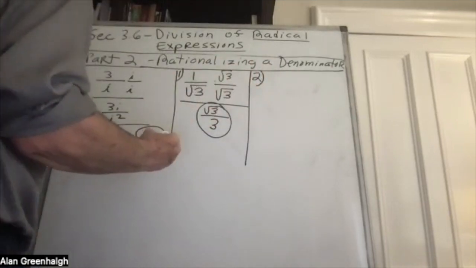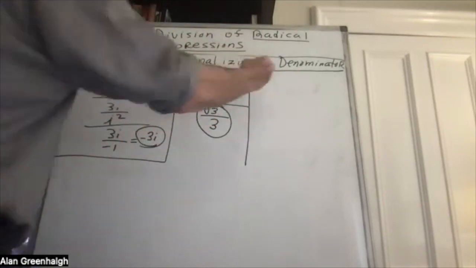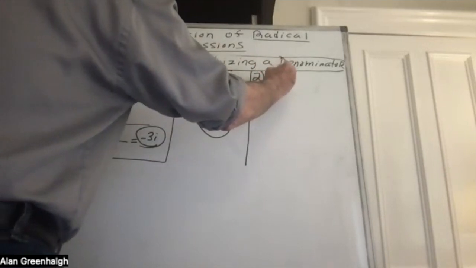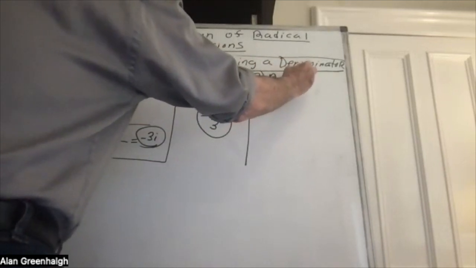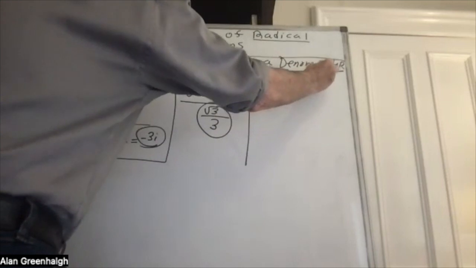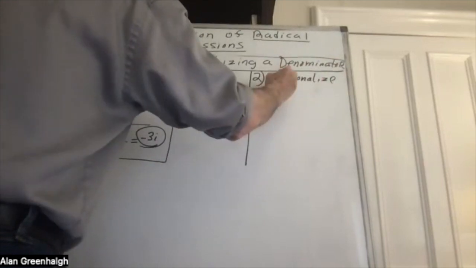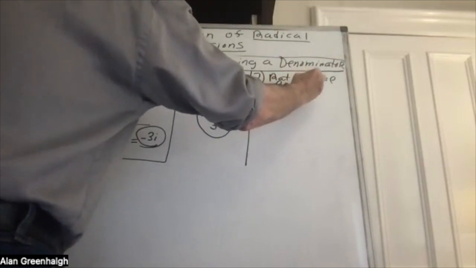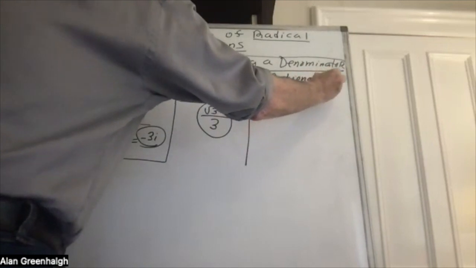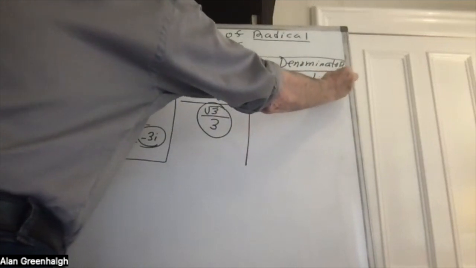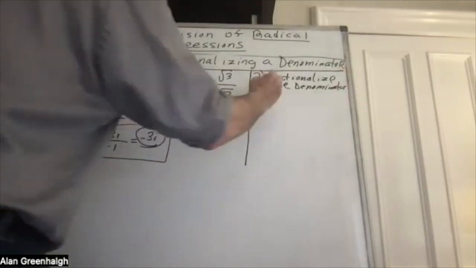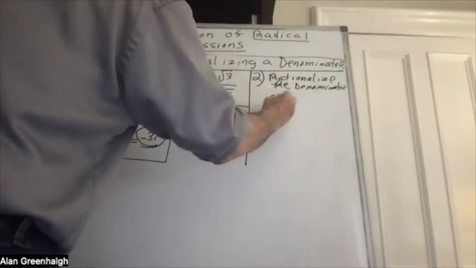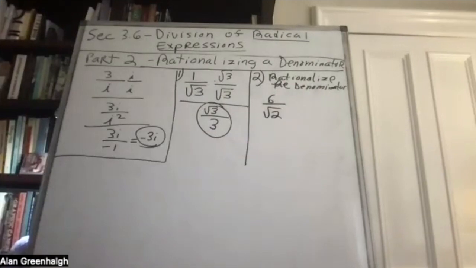And again, the instructions will be rationalize the denominator. Rationalize the denominator. And here it is. So do that problem. And I have confidence you will get it right.